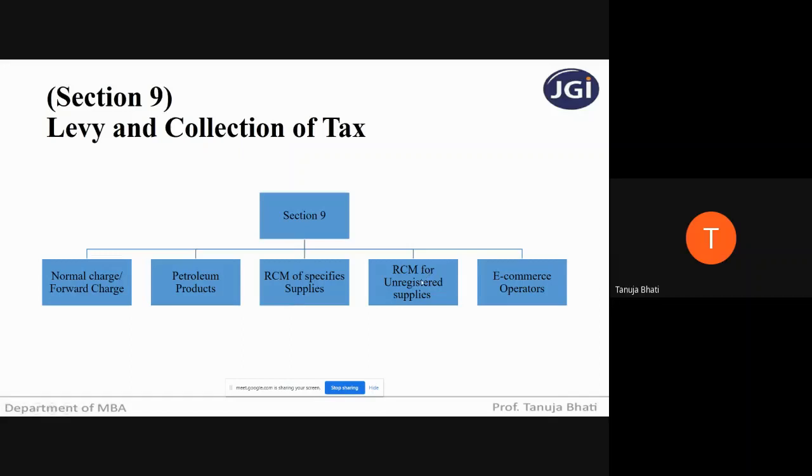In case of RCM for unregistered supply, here the taxable person is again the recipient. And in case of e-commerce operators, any transaction happening on an e-commerce platform, the responsibility of payment of tax is again on the e-commerce operators who are operating that particular e-commerce platform. So this is levy and collection of tax under section 9, subsection 1, 2, 3, 4, and 5.